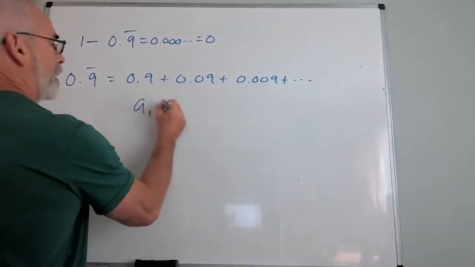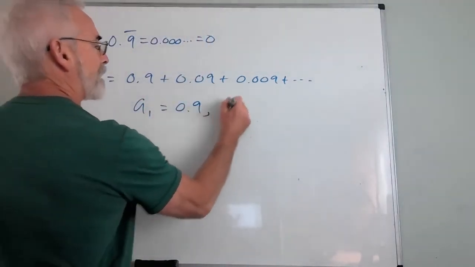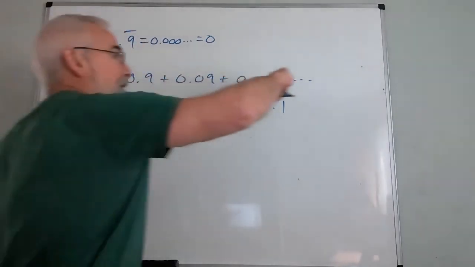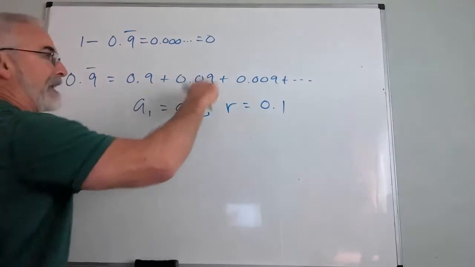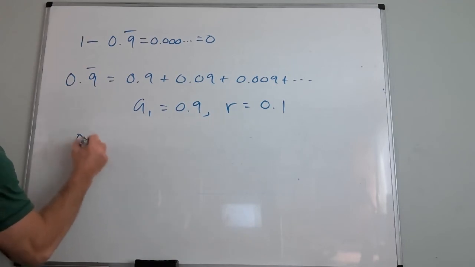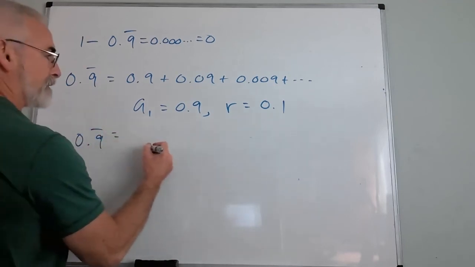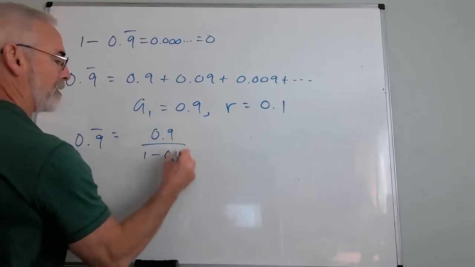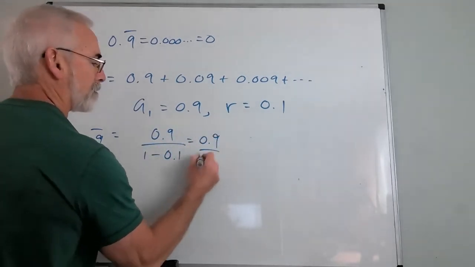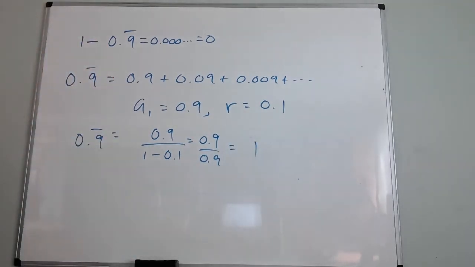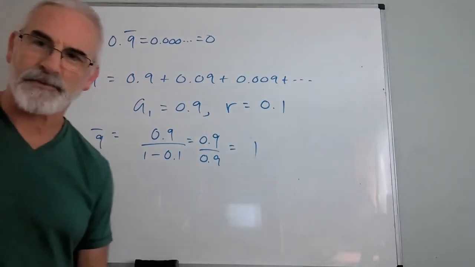Because my a1 is 0.9 and my constant ratio is 0.1. By the way, this is absolutely correct. That goes forever, and every time I'm moving the decimal 1 place. So according to the formula we just showed, this equals first term over 1 minus r. That's the second proof. That's a very mathematical proof.